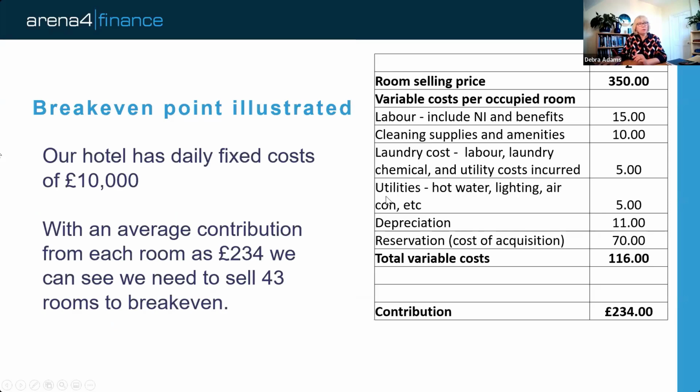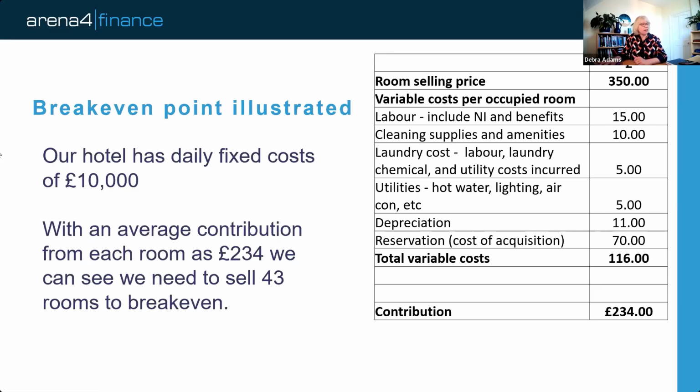So with an example, coming back to this example that we had earlier, our hotel has daily fixed costs of 10,000. The average contribution from each room is 234. And so in order to find the break-even point, we divide 10,000 by 234, and we need to sell 43 rooms to break even.